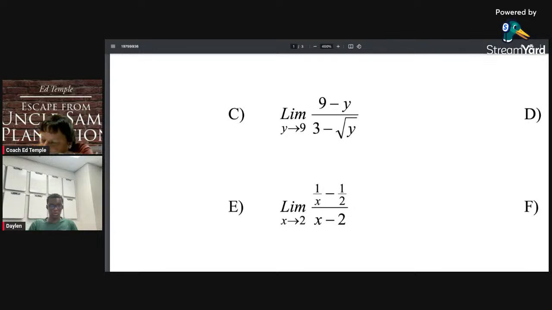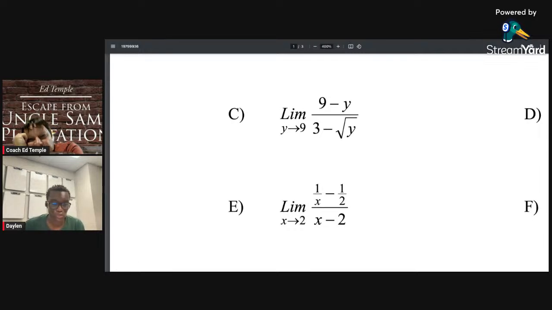So this one's a little unique in the sense that we're trying to get that denominator to cancel out, but the top doesn't even have a common denominator. So the way it looks right now, it looks like nothing's going to cancel out. But maybe it will. We need to find out.